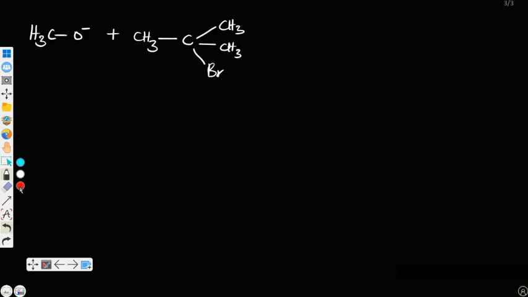Now for E2 reactions, what did we say? We said that for every E2 reaction, this base here, because what you have here is a base, with negative charge, will attack or abstract a proton from here. So one thing we are to do here is to write CH2 and then write the hydrogen here in such a way that we abstract this hydrogen from here.